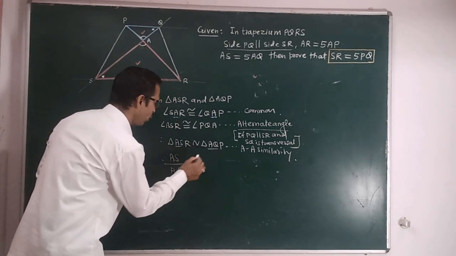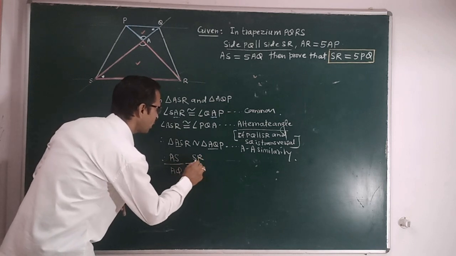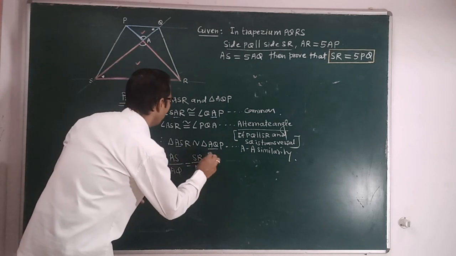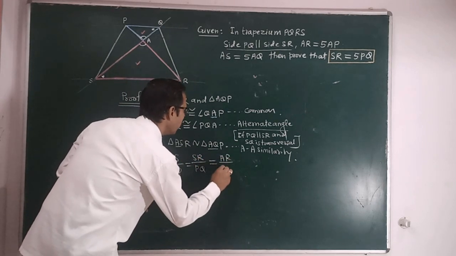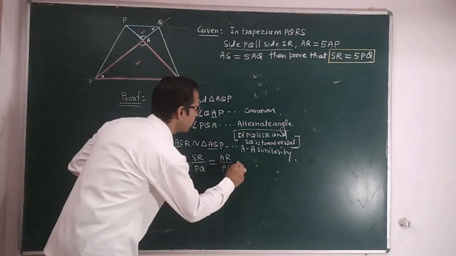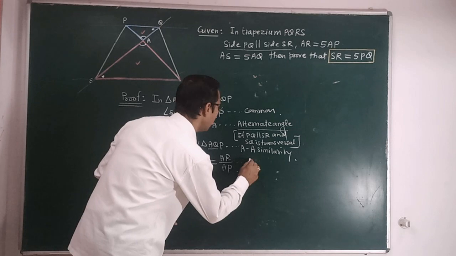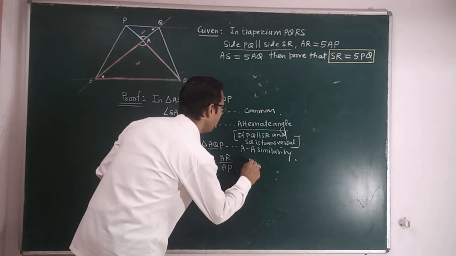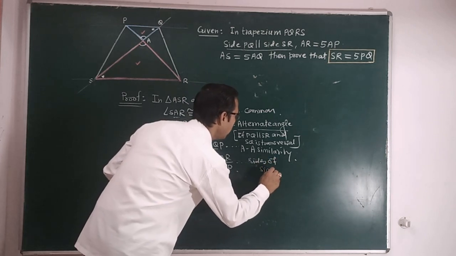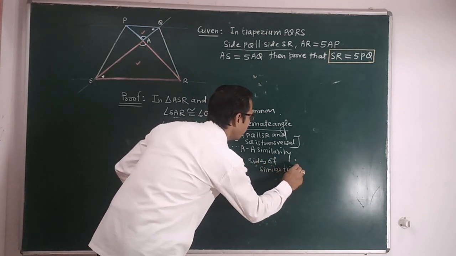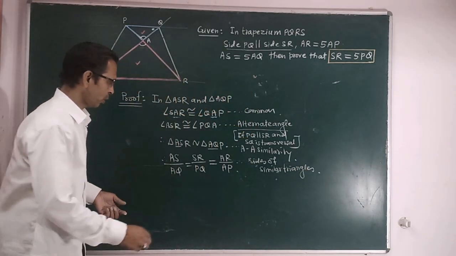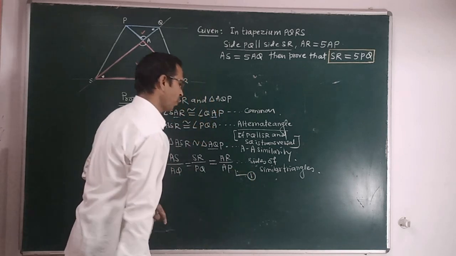AS upon AQ is equal to SR upon PQ and is equal to AR upon AP. Yes, correct. Now this is statement number 1. Why? These are the sides of similar triangles because they are in proportion.